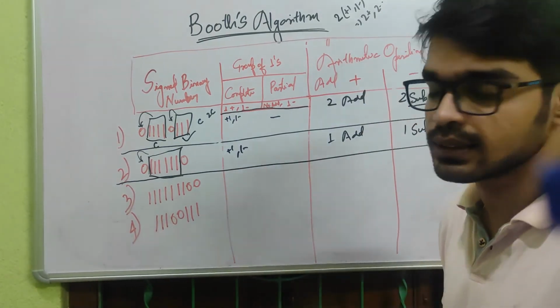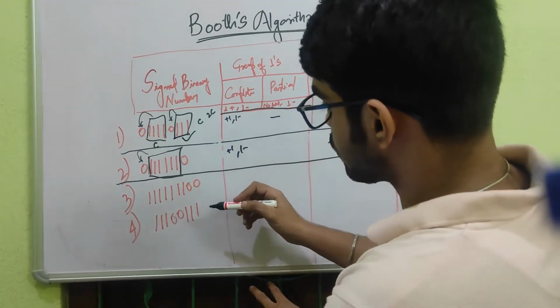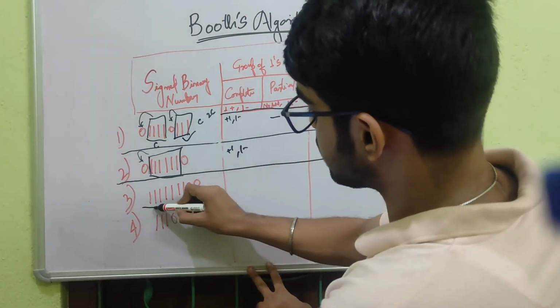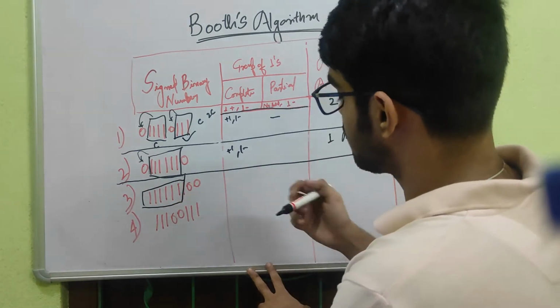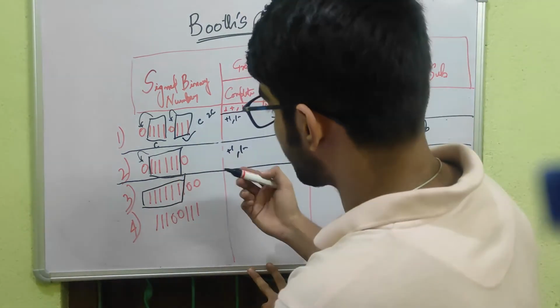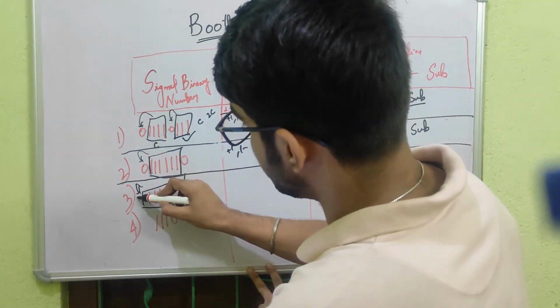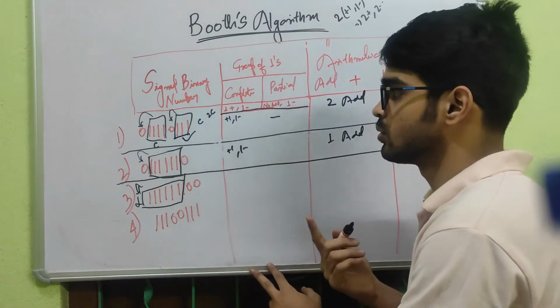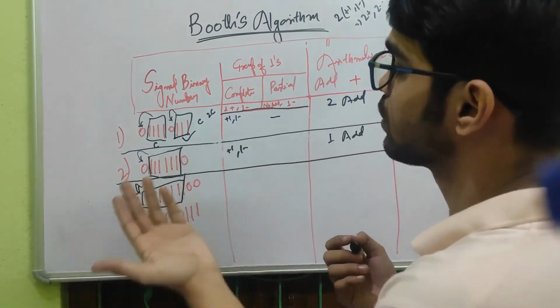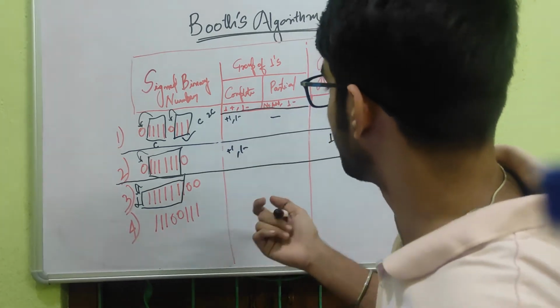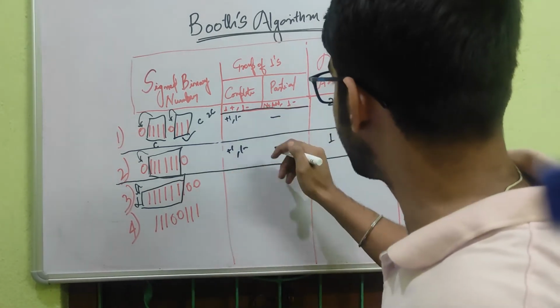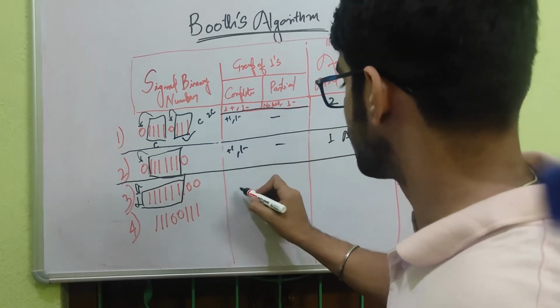Let's take a look and discuss these 2 options as well. For this, as we can see, this is the block of ones. I know this is not tidy, still it doesn't matter, just for your understanding. We do not have any 0 to its immediate left. So if it's not a 0 to its immediate left, it is a partial group, and for partial groups we do not have any addition.